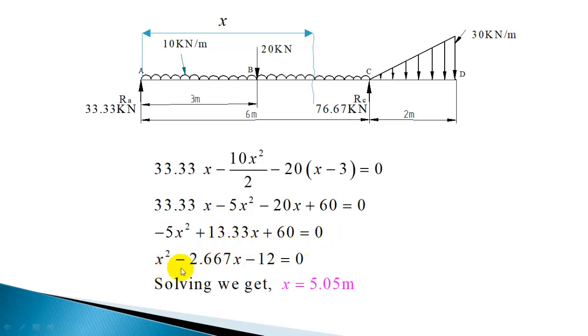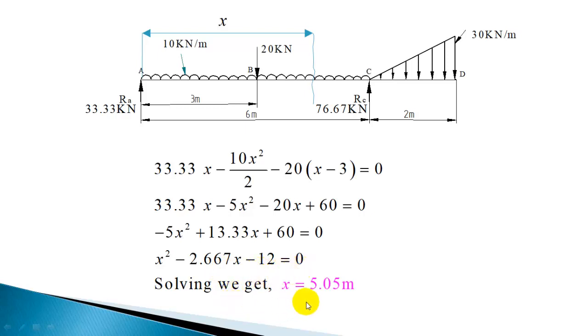Dividing by minus 5, you get x square minus 2.667x minus 12 is equal to 0. Solving this quadratic equation using the formula, root is given by minus b plus or minus root of b square minus 4ac divided by 2a, where a is 1, b is minus 2.667 and c is minus 12.